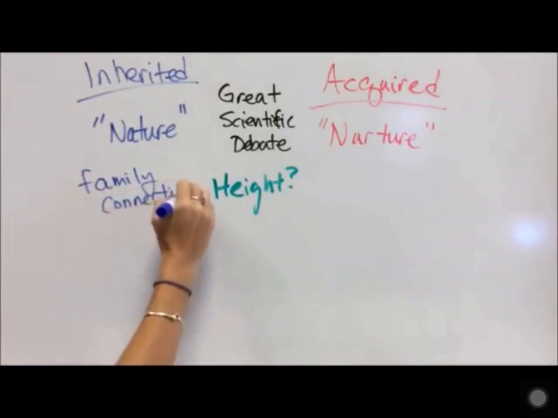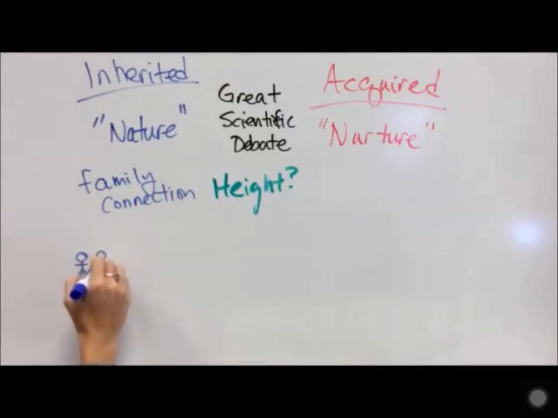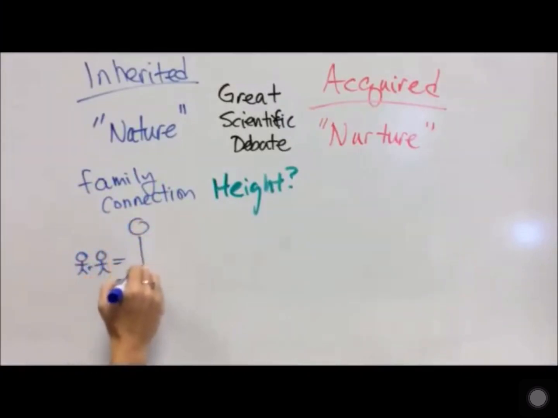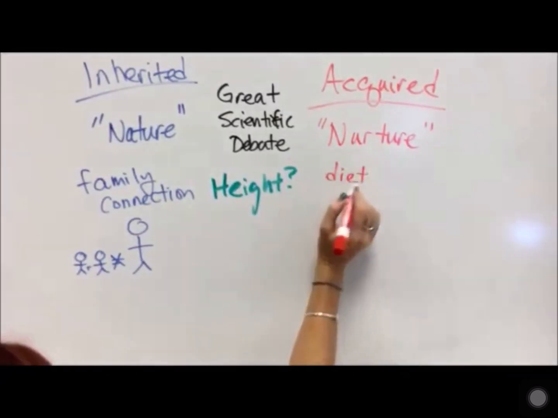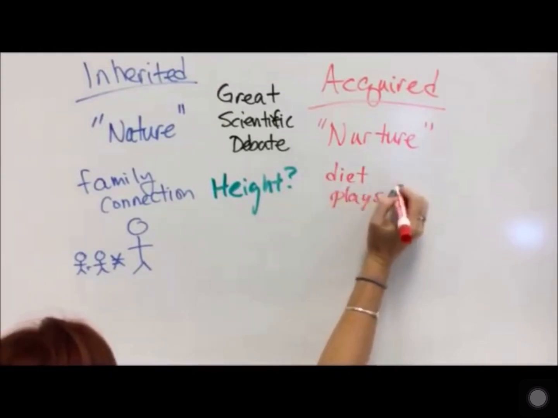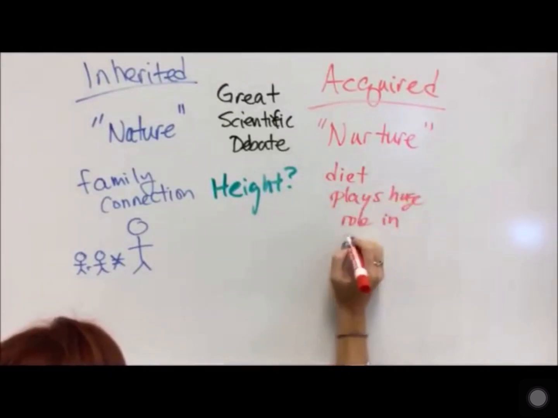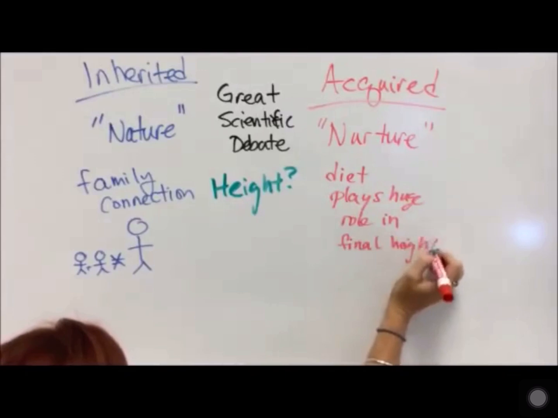Now for height, there's definitely a family connection. We don't see two incredibly short people having a gigantically tall offspring. It doesn't work like that. But the nutrition, the diet that you eat, is going to play a role in your final height.